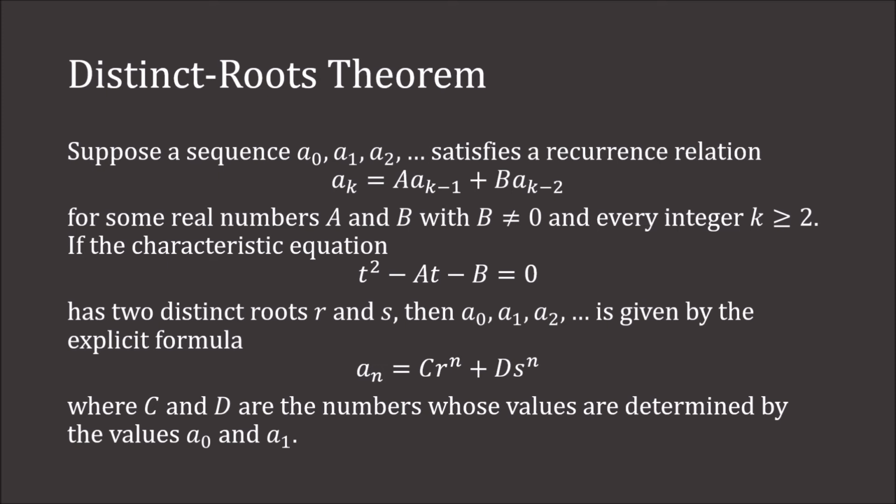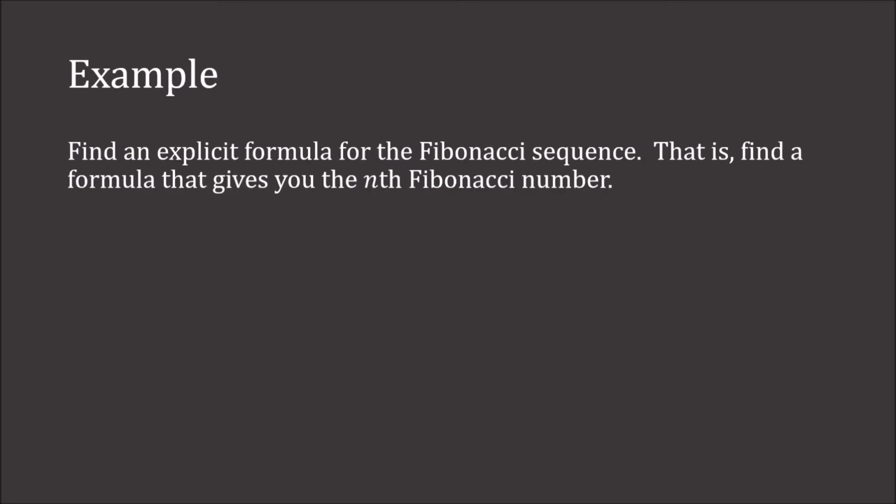So we can use the distinct roots theorem now to find an explicit formula for the Fibonacci sequence. You should recall from the previous video that the Fibonacci sequence is defined as f0 is equal to 1, f1 is equal to 1, and f sub n is f sub n minus 1 plus f sub n minus 2.